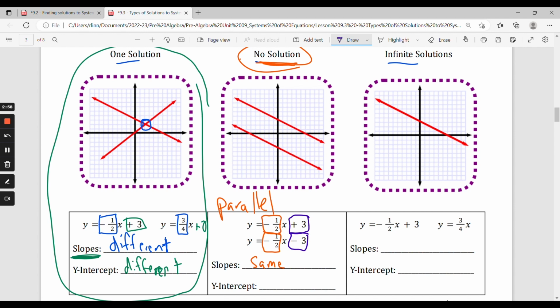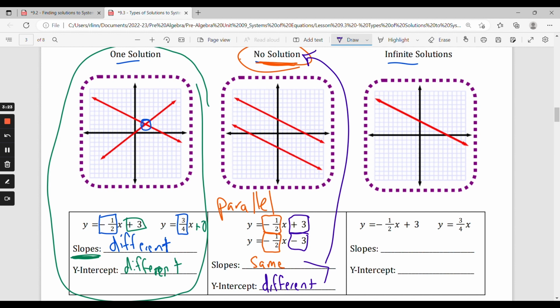So we would say that we have different y-intercepts. When we have parallel lines, meaning lines that have the same slope but different y-intercepts, we're going to end up with no solution.